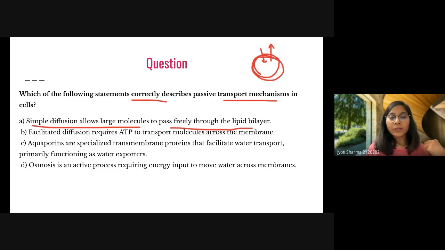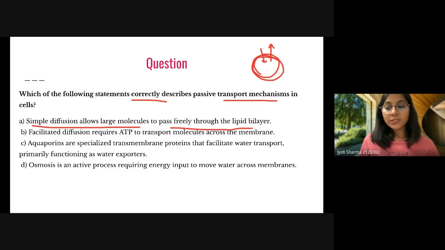C: Aquaporins are specialized transmembrane proteins that facilitate water transport, primarily functioning as water exporters. And D: Osmosis is an active process requiring energy input to move water across the membrane.